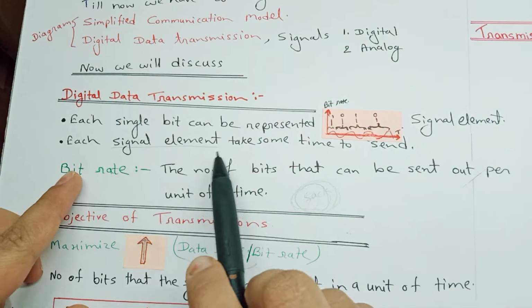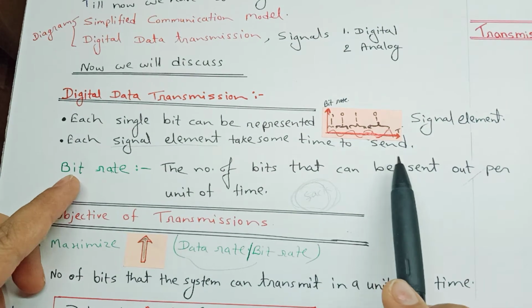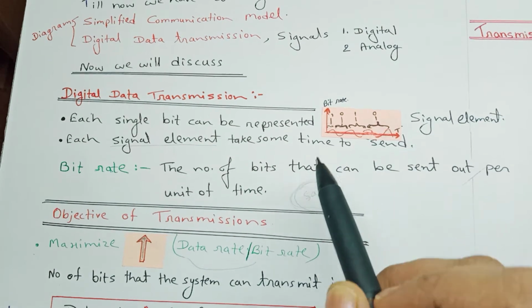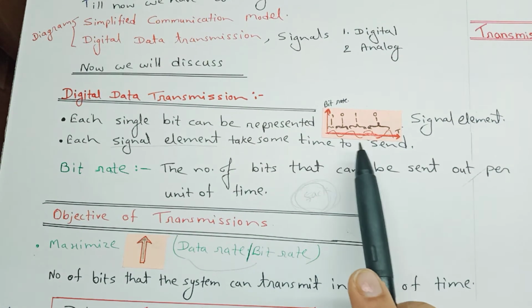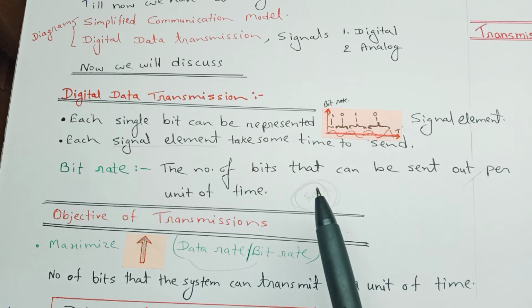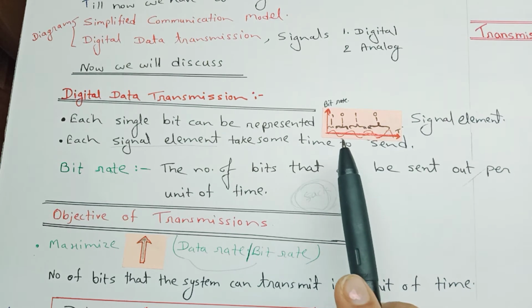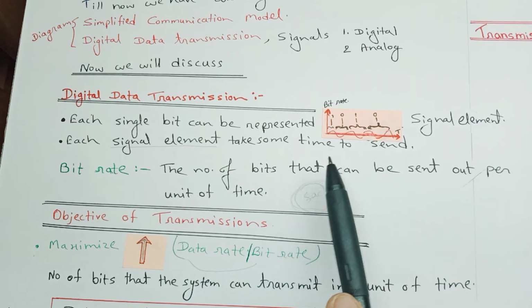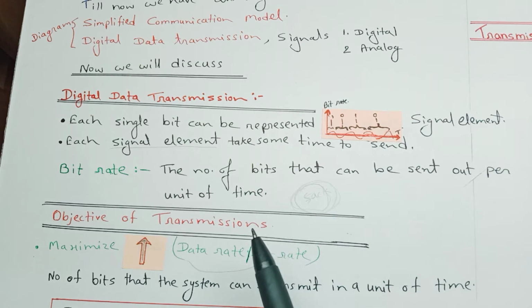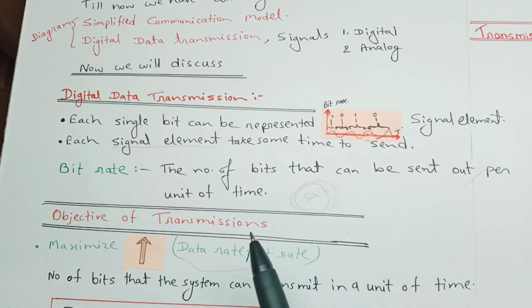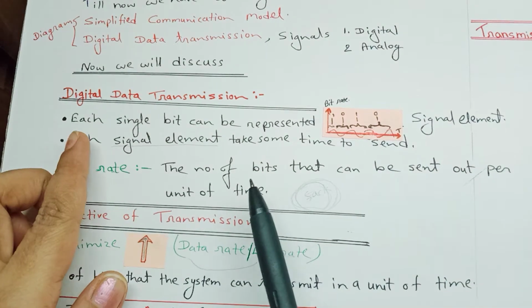Each signal element takes some time to send. Of course, if something is present in the medium, it will take time to transmit or pass through the channel.